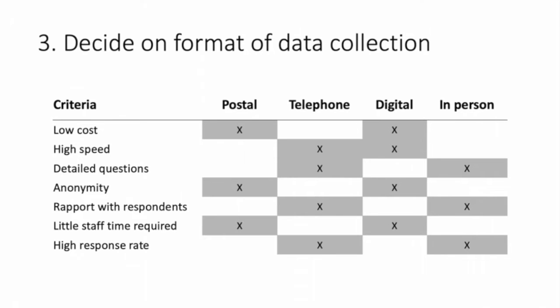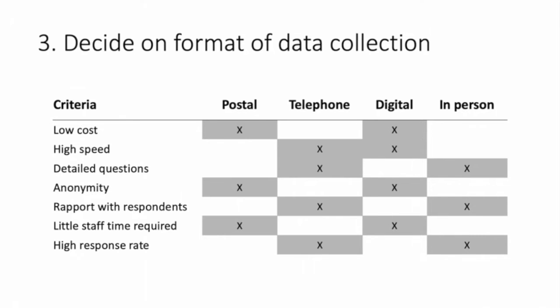So think about, what is it that you want to be prioritizing? Do you, for example, need to collect answers really quickly? In which case, using a telephone questionnaire or a digital questionnaire is a lot quicker than sending out something via the post or having it in person.